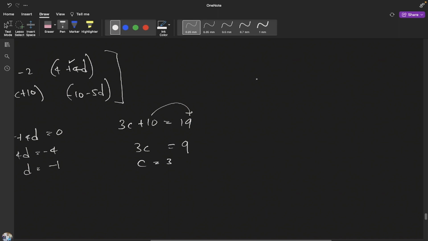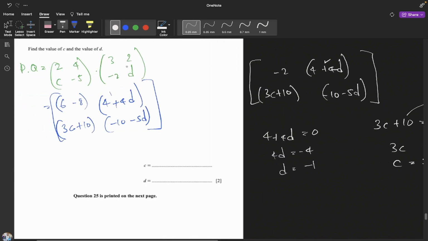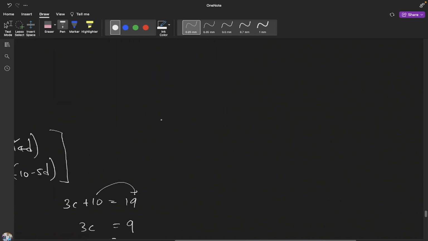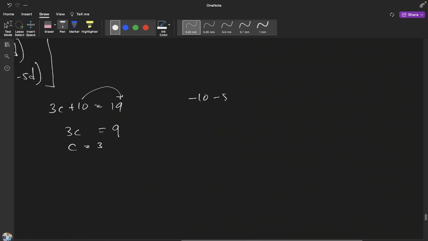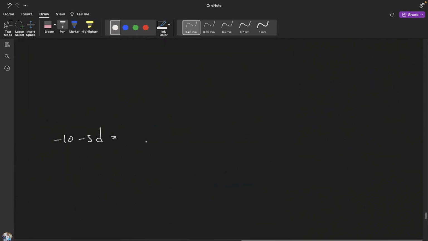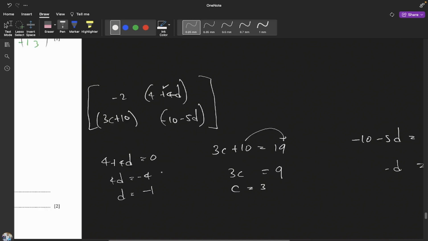So if I say D is minus 1, if I solve this one as well, it should be the same. So if I say minus 10 minus 5D is equal to 11, 10, if I bring it to that side, becomes plus 10. So it becomes 21 minus 5D.